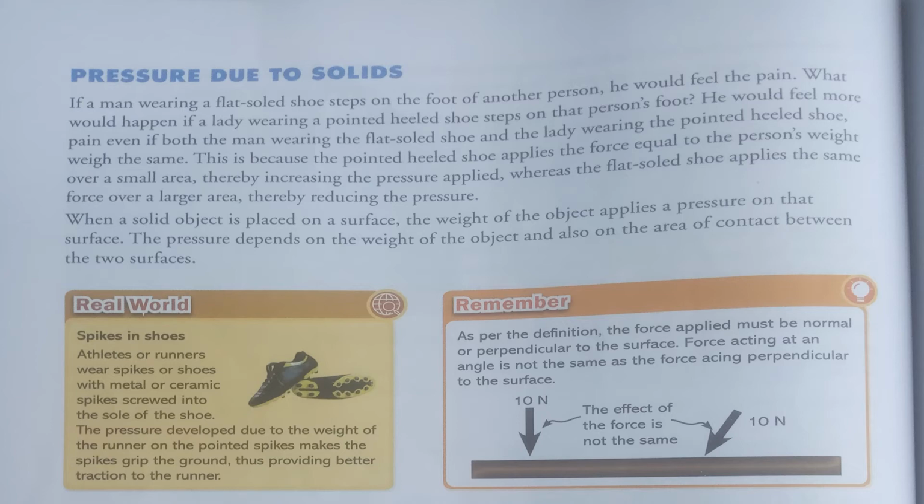But when the man wears the flat shoe sole, the surface area is more, though the weight is the same. Because the surface area is more, pressure decreases, because the pressure is distributed over the surface area.